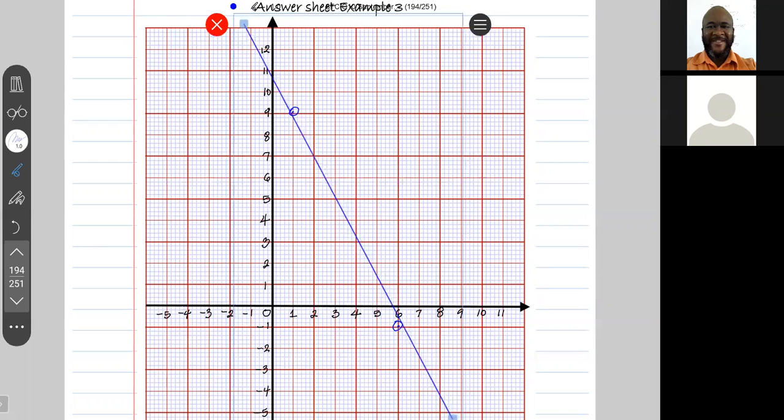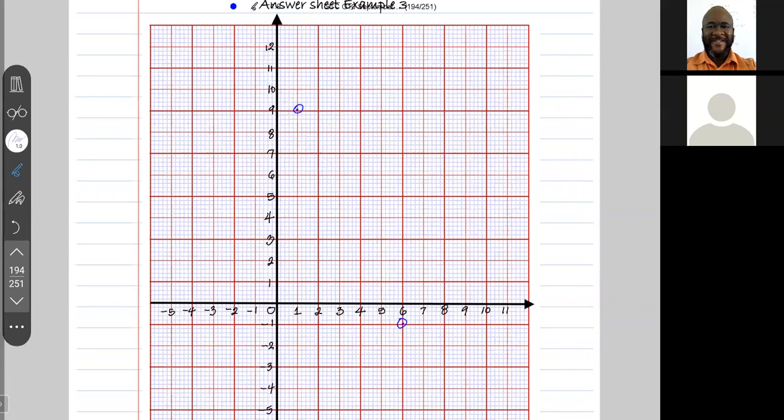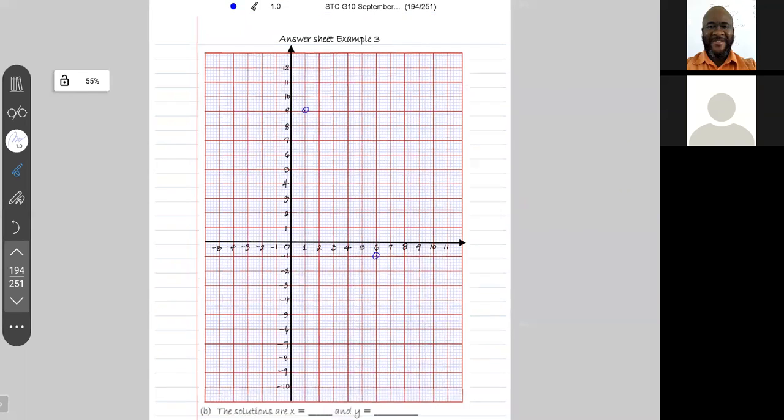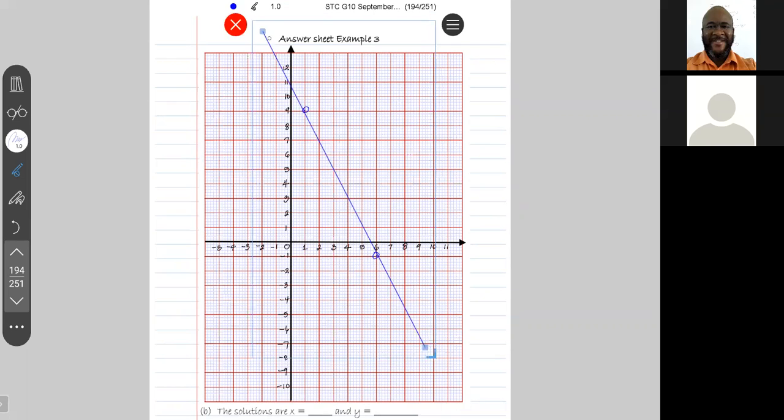You must ensure that you use a ruler. Once you use a ruler, you should be fine. Everybody should know that this straight line cuts the y-axis at 11. As I said, you must use a ruler when you're drawing this.